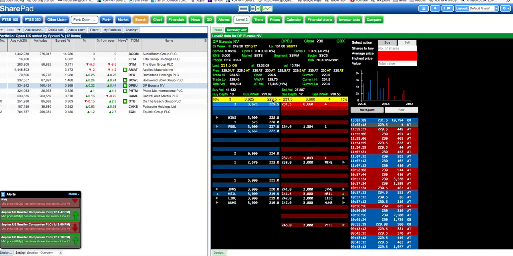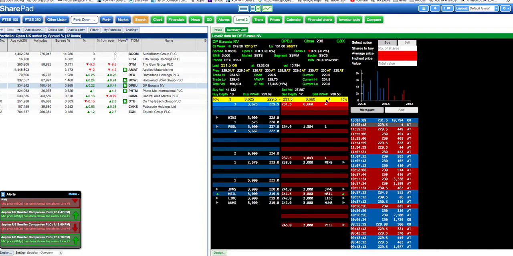And same on the other side. If you want to sell your share, the buyers on the other side are willing to pay 229.5. There's 3 currently, and in total there's 3,625 shares.